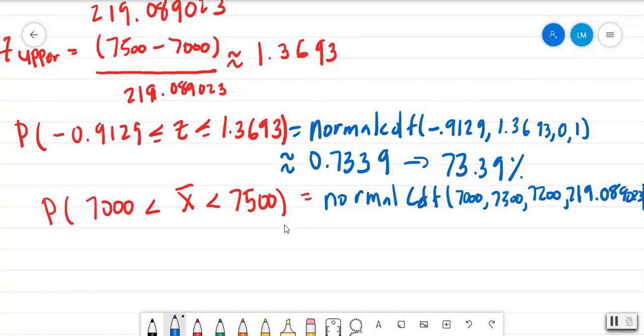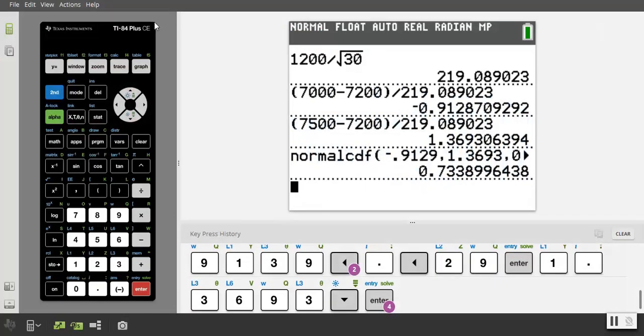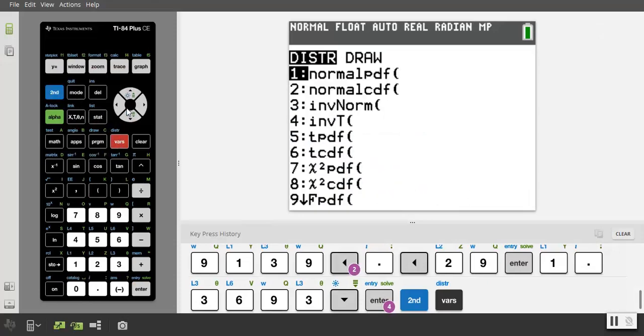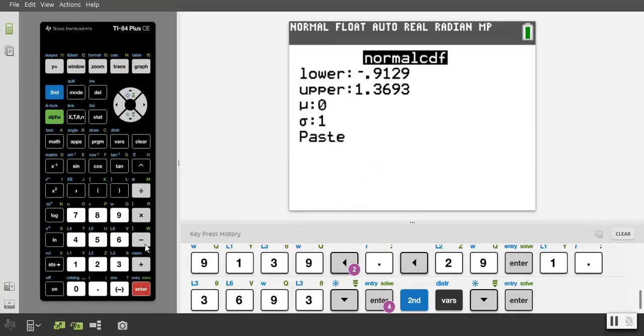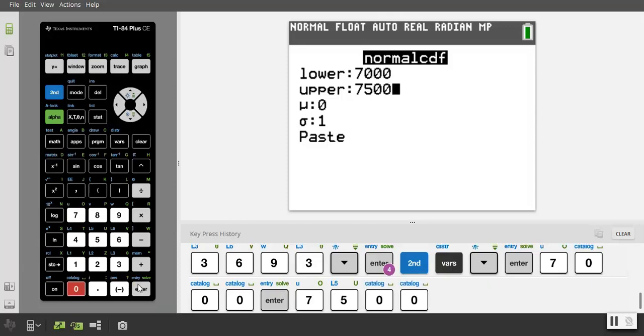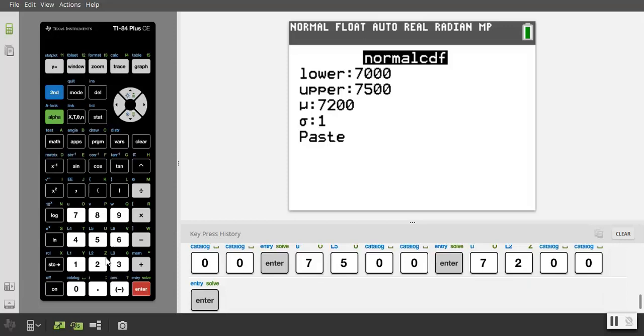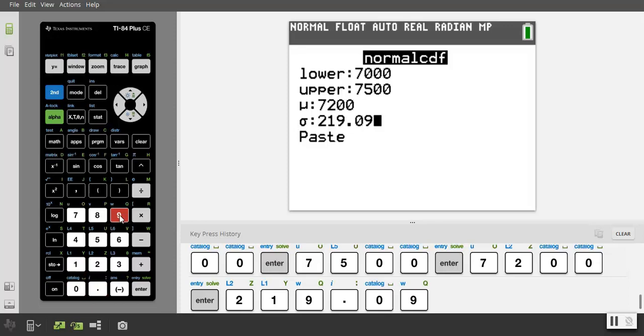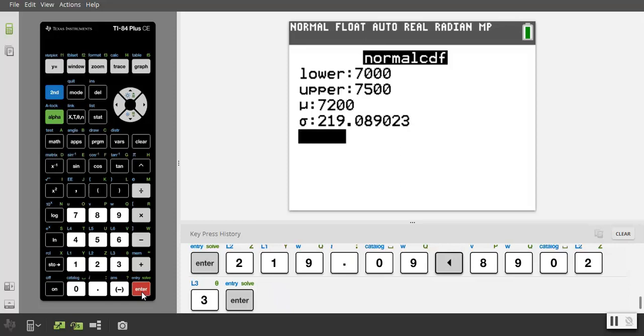Okay, so we'll just use our calculator to do that for us, and we have second vars, normal CDF. The lower bound is 7,000, the upper bound is 7,500, the mean is 7,200. So essentially this is just us not having to do the z-scores. Then the standard deviation 219.089023, and we just hit enter.